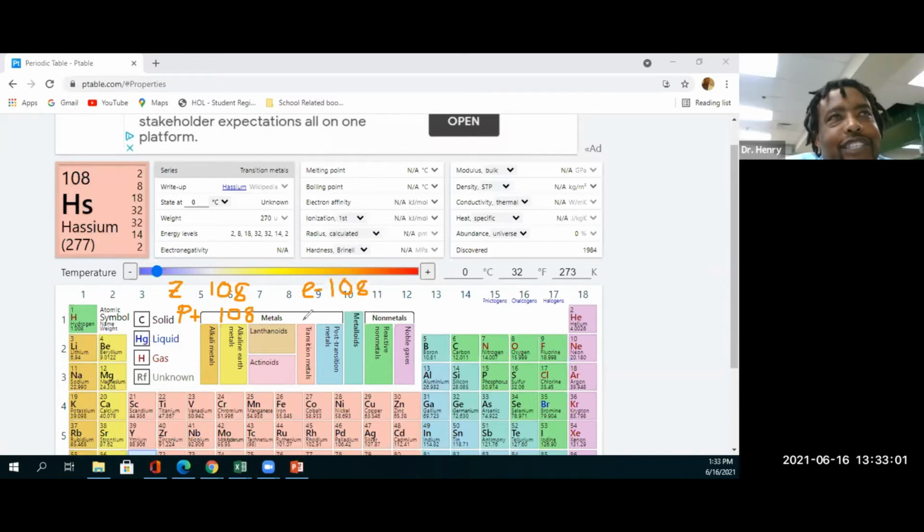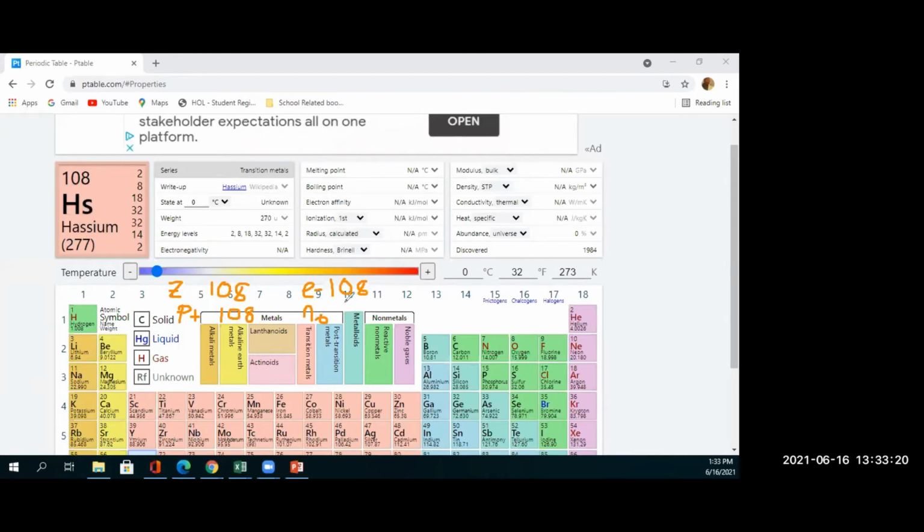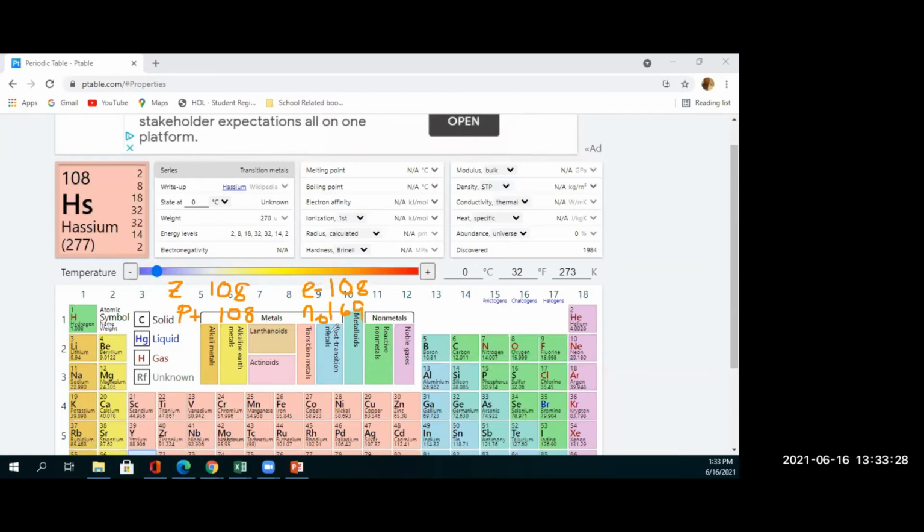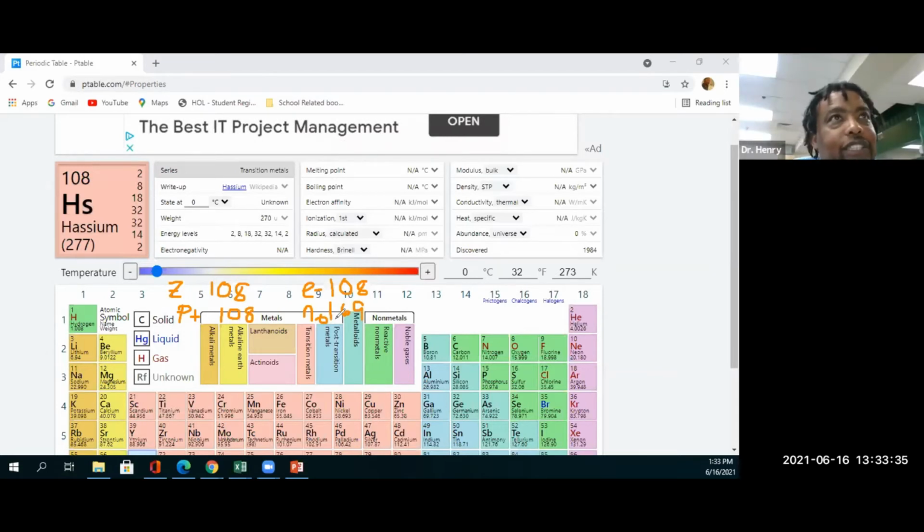How many neutrons does hassium have? 169. How did you calculate that? Mass number minus the atomic number. That's right. Mass number minus the atomic number. That is correct.